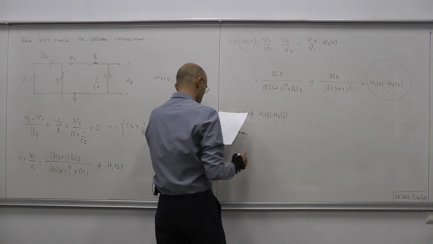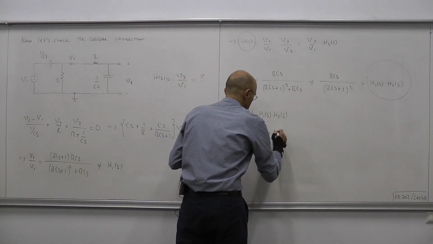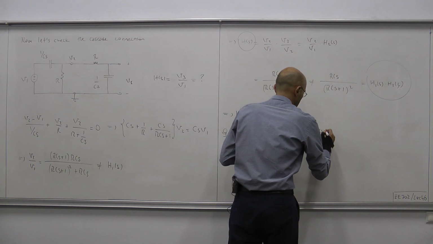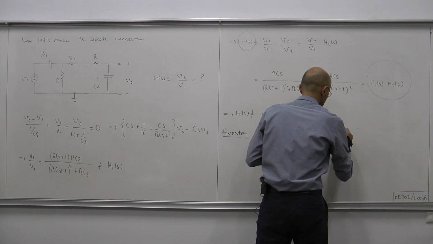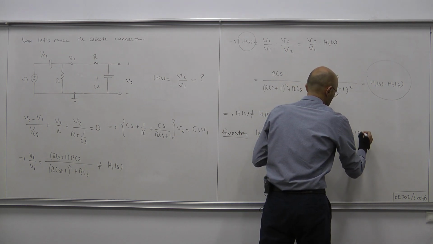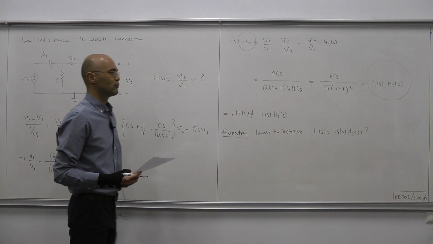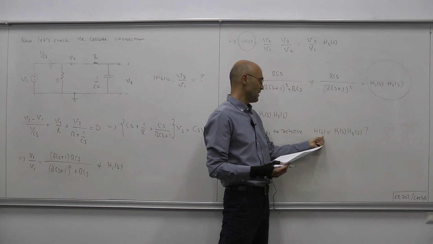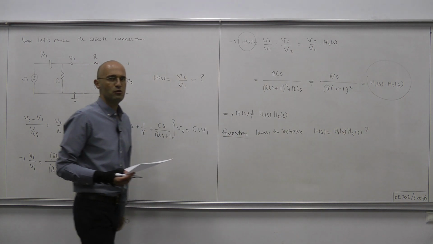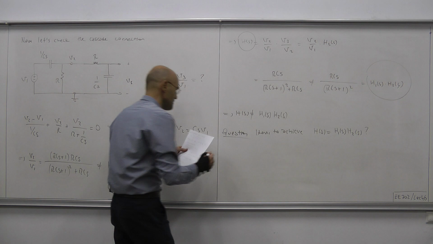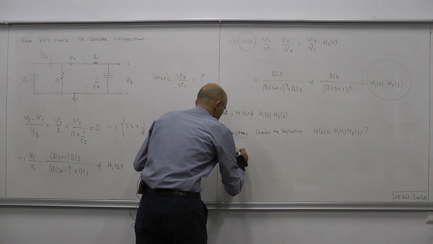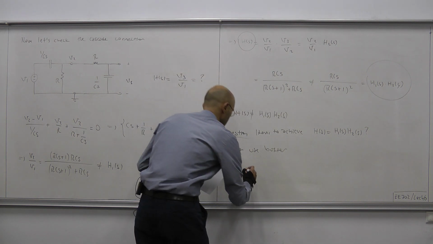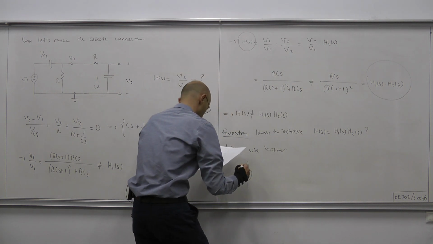How to achieve H of S equals H1 of S times H2 of S. How to make the cascade transfer function equal the product of the individual filter transfer functions. The answer is, use a buffer.